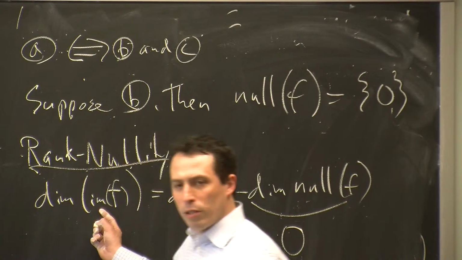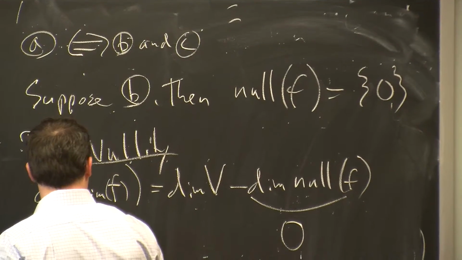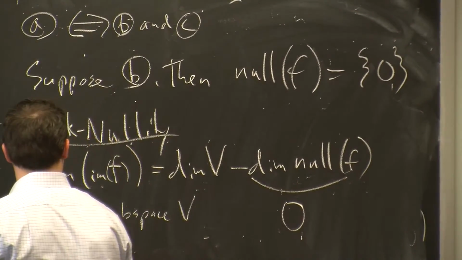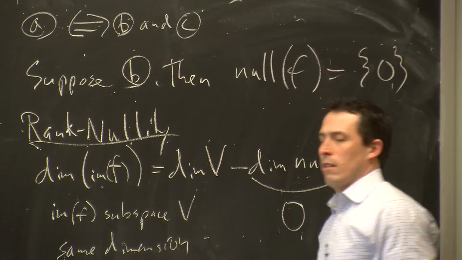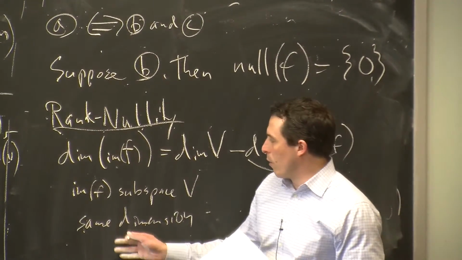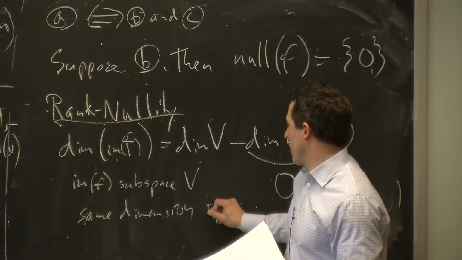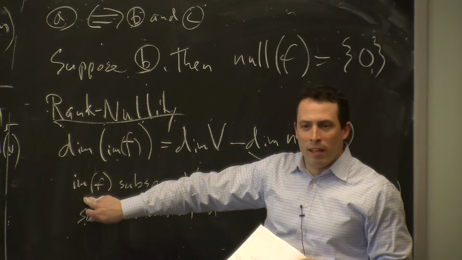The image of F we know is a subspace, so the image of F is a subspace of V, and it has the same dimension. And that's going to force them to be equal. There are different ways of seeing that. One way is to say the image of F has dimension, say, n. So it has a basis of length n.